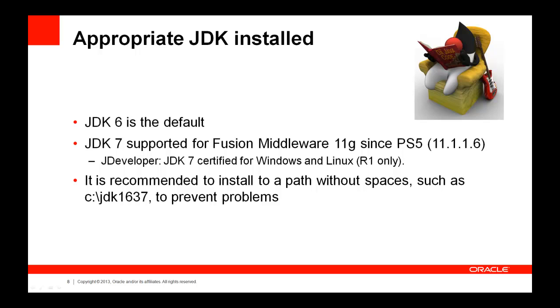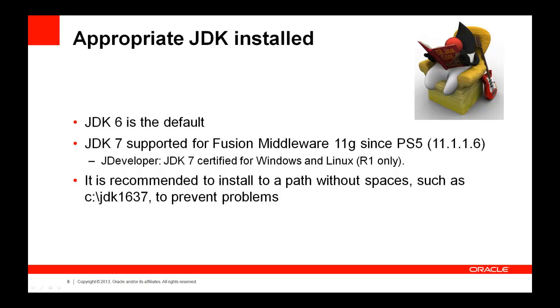The main prerequisite is to have an appropriate JDK installed. JDK version 6 is the default both for WebLogic Server and Oracle JDeveloper 11G. However, JDK version 7 is a supported option for Fusion Middleware 11G since patch set 5. The situation for JDeveloper is a bit trickier.